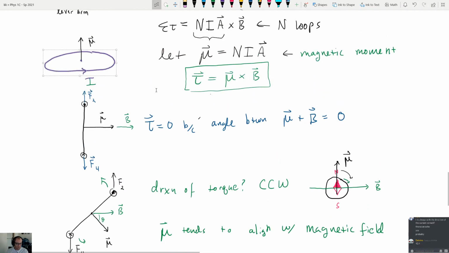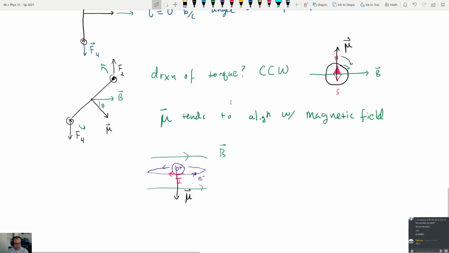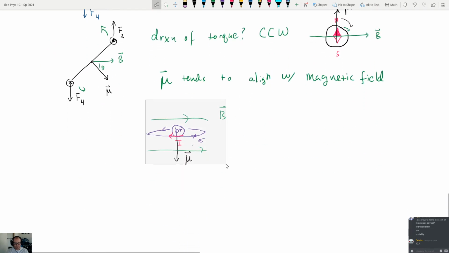The next step, next week, is that not only does this object have a magnetic moment, but a loop of wire actually creates its own magnetic field that points exactly in the same direction. It's going to point straight up, and it's going to be equal to mu naught times I over b. We'll see that.